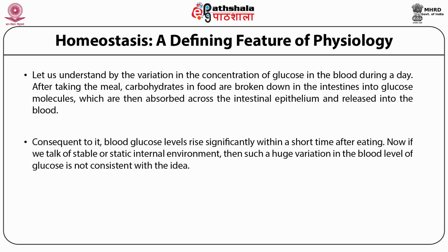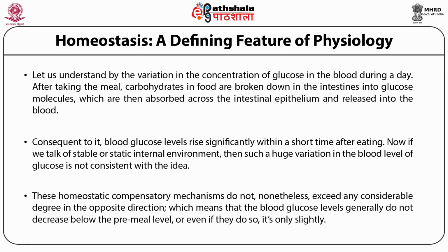Consequently, blood glucose levels rise significantly within a short time after eating. Now, if we talk of a stable or static internal environment, then such a huge variation in the blood level of glucose is not consistent with the idea. What holds significance is that once the concentration of glucose in the blood increases, compensatory mechanisms bring the glucose level back to the level it was before the meal.